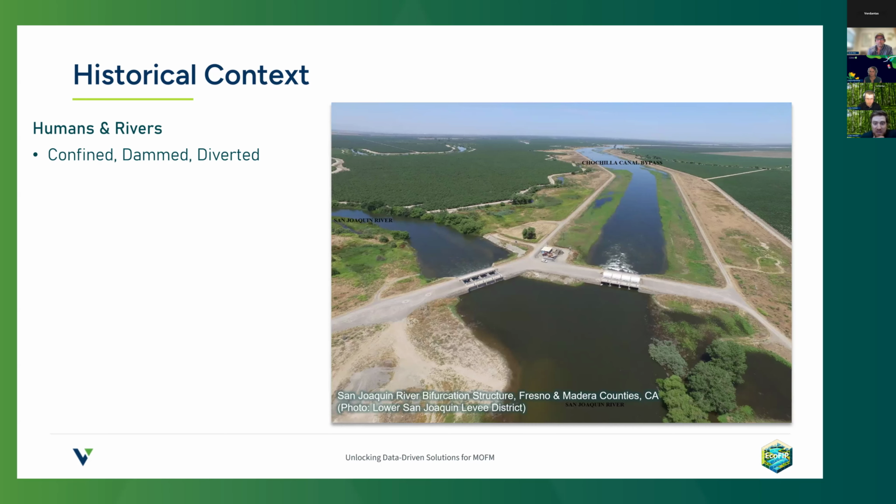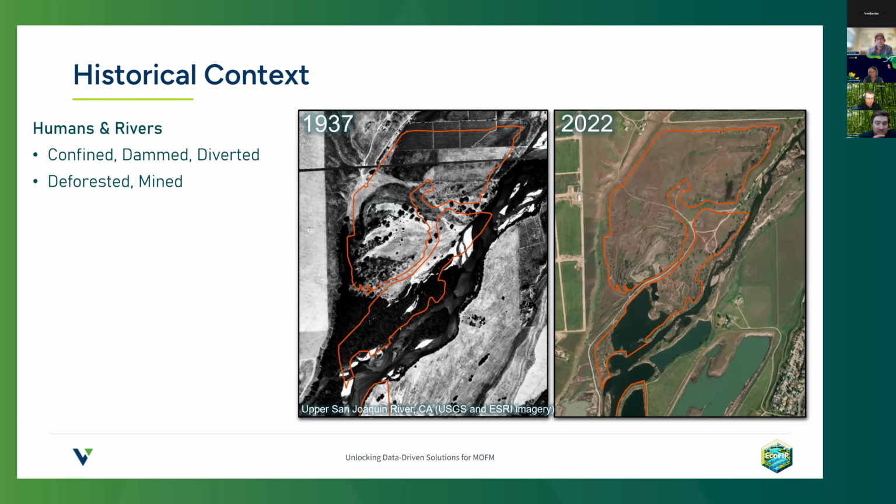And we've diverted significant volumes of flow out of these rivers to feed growing cities and croplands in lowland areas. We've also dealt with a history of deforestation and mining on a lot of these areas. There's a lot of valuable aggregate materials that are pulled out of floodplains, and a lot of these river corridors are left behind in pretty impaired states.